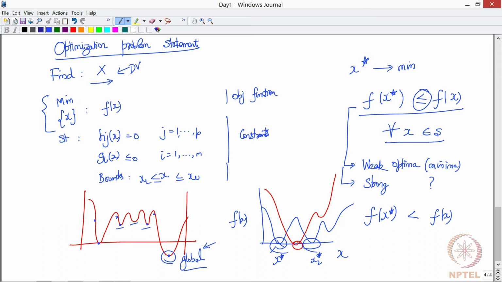True, that is where the designer comes into the picture. Unless you believe that your function is highly nonlinear, you do not need to worry about it. These are all called local optimas. Oftentimes in structural engineering we are happy with local optima, unless you believe that it is a nonlinear problem and you really need to find your global optima. With local optimas itself we are happy enough.